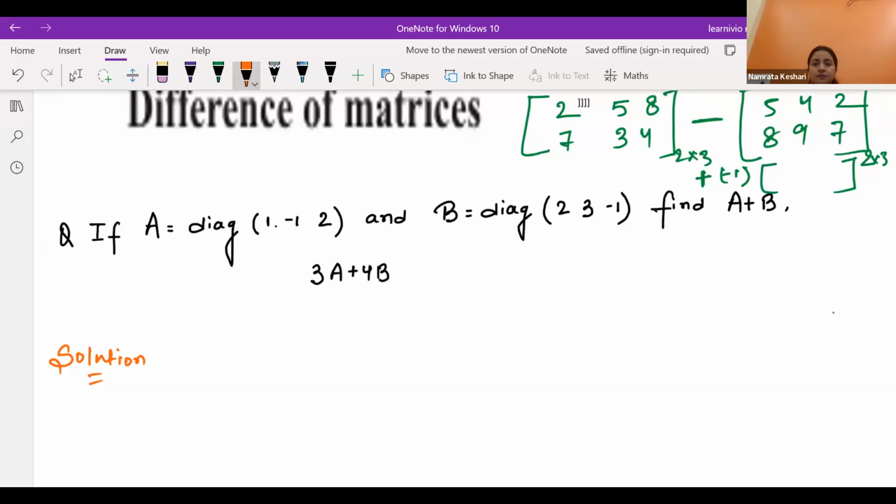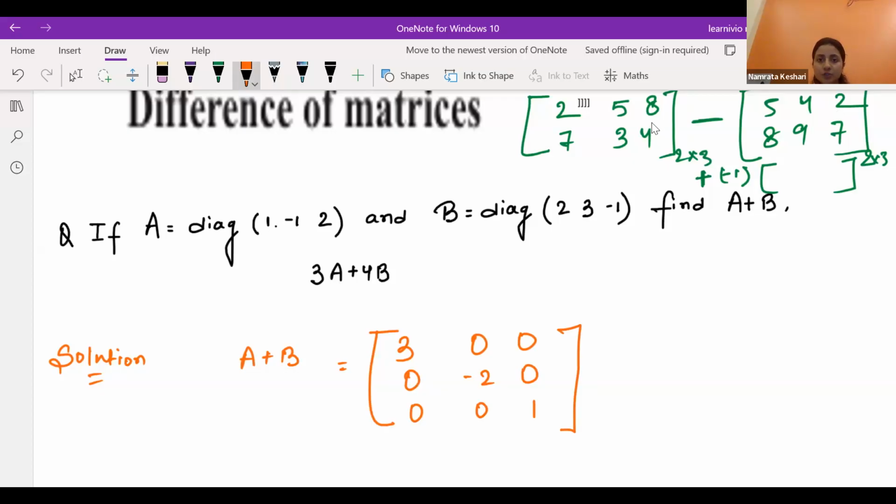A plus B will be 3, 0, 0, 0, plus 3, -2, 0, 0, 0, 1.